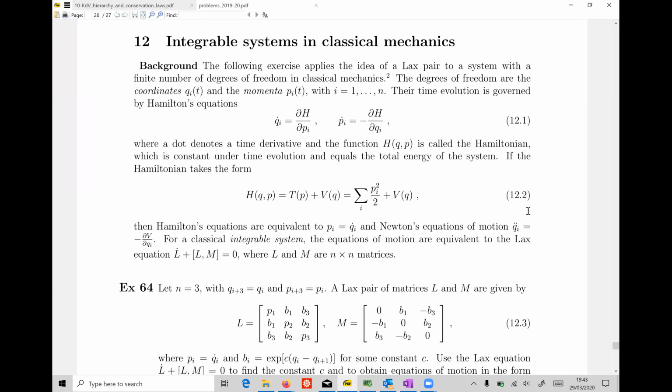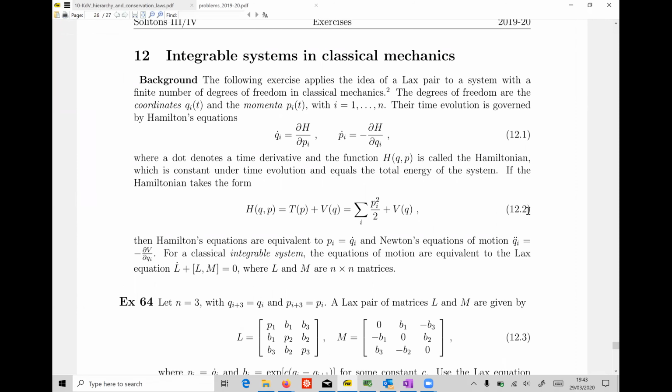So now the point is that some of these classical systems are actually integrable. This is the case when these equations of motion, either written in Hamilton form in 12.1 or in Newton's form that we just saw, are equivalent to the Lax equation for a Lax pair L and M, which now are not differential operators as was the case for the KdV equation, but just matrices with size equal to the number of degrees of freedom.